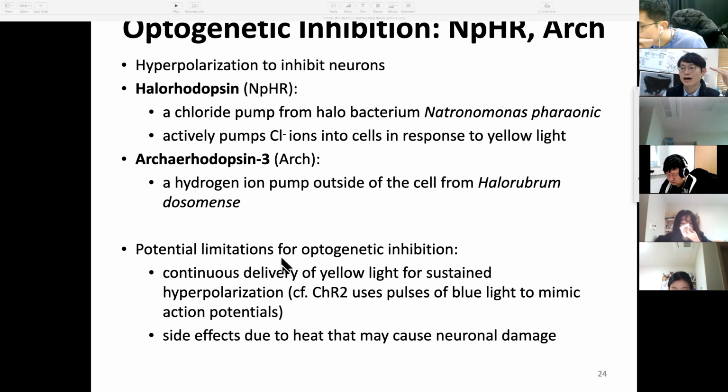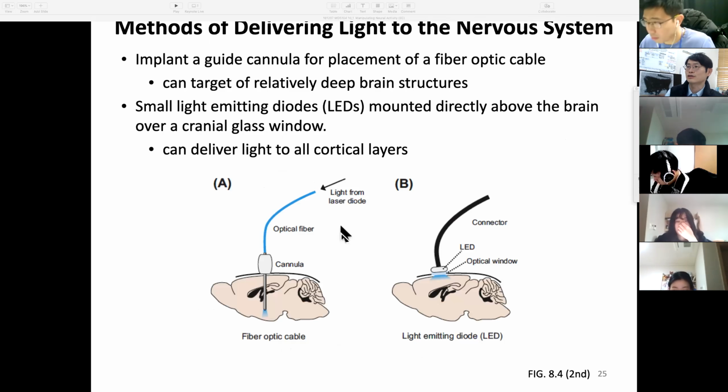But to block, you have to keep this on. So in the past, people complained that optogenetic inhibition doesn't seem to work as well in practice. And this is the reason. You also have to be concerned about side effects due to heating and phototoxicity, which may cause neuronal damage. That's something you have to consider in terms of optogenetic inhibition.